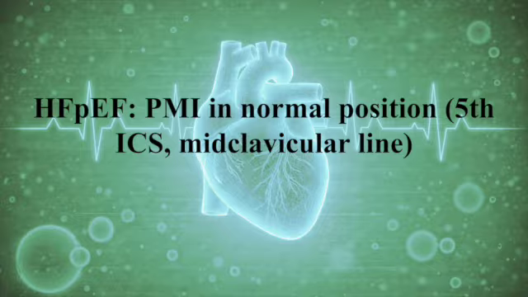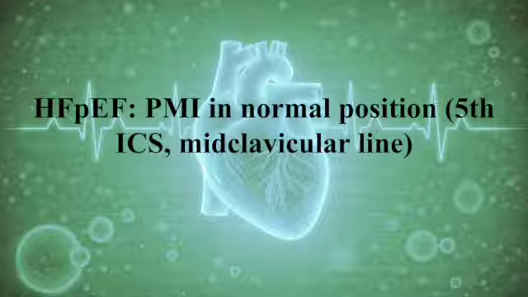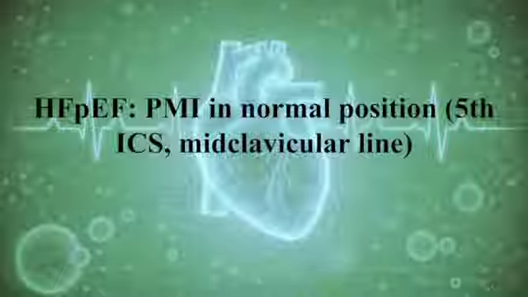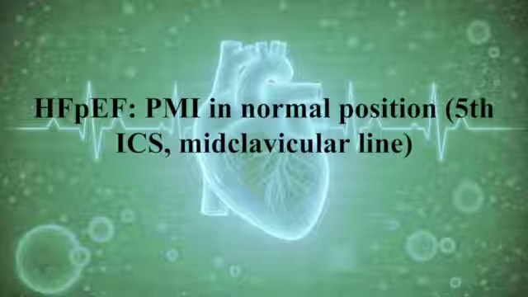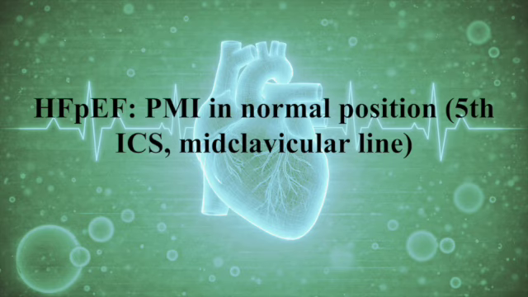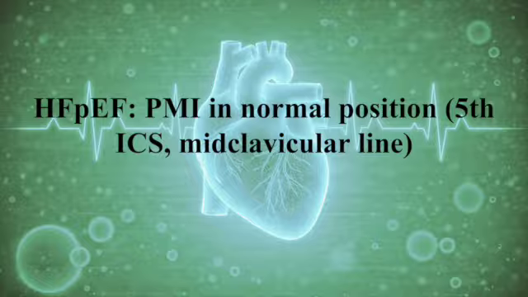In contrast, HFrEF features a PMI that is displaced laterally and inferiorly with a sustained diffuse impulse, reflecting the dilated left ventricle that physically pushes the apex of the heart outward. This simple bedside finding provides an important clinical clue that can help clinicians differentiate between preserved and reduced ejection fraction heart failure even before obtaining an echocardiogram.